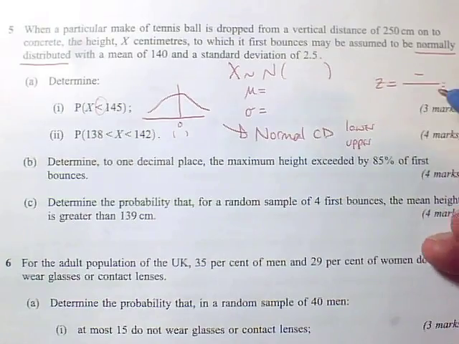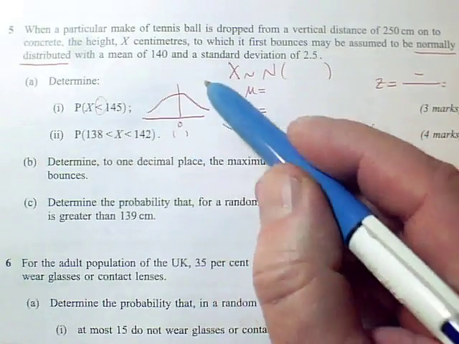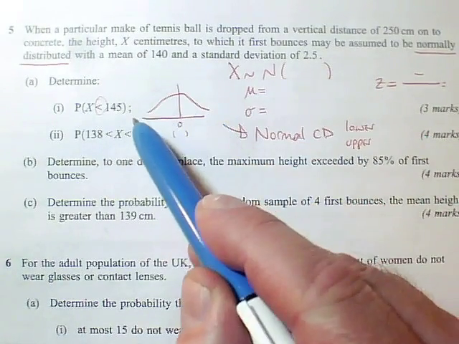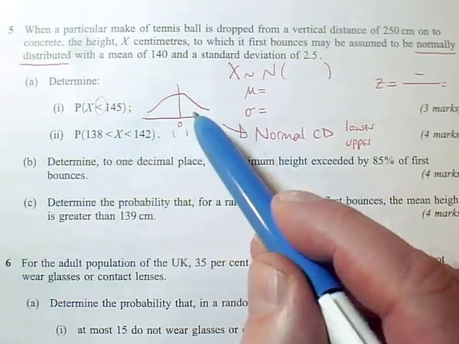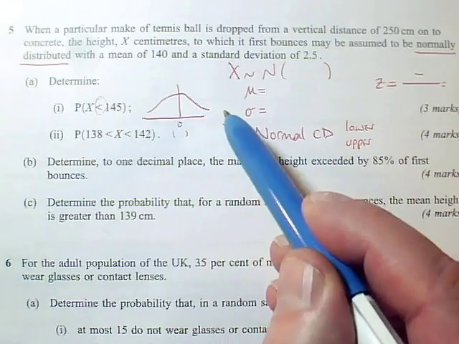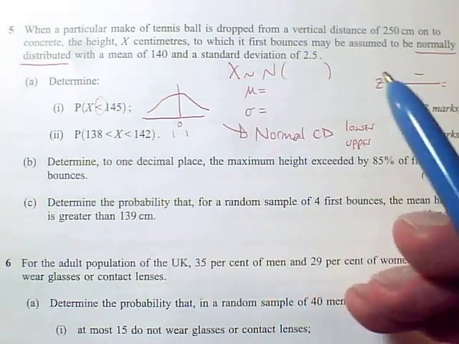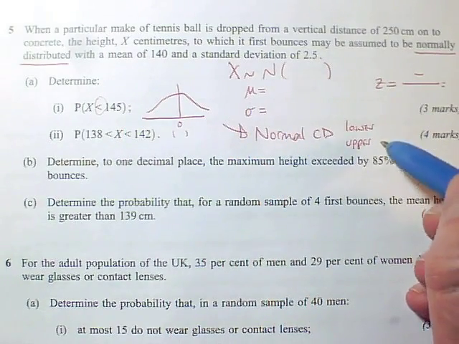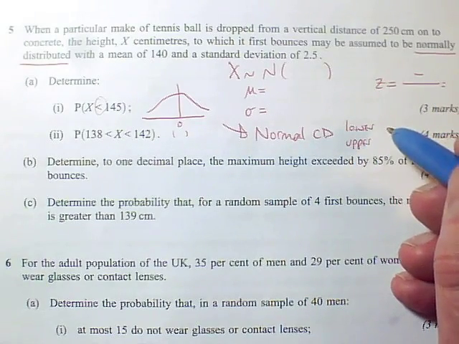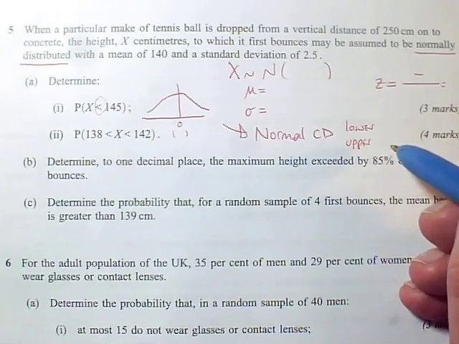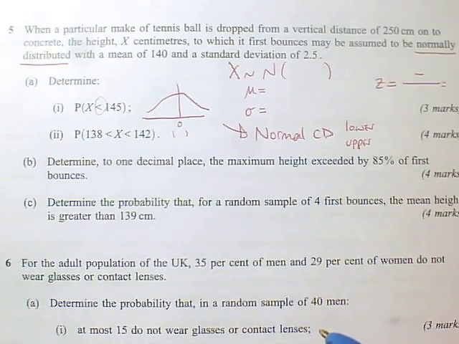Okay, when you've only got one Z value, you have to use your diagram to decide whether you're working from a lower limit of minus 9999 or you're working up to an upper limit of plus 99999. So one of your lower or uppers is going to be the Z you calculated, the other might be the lower of minus 9999 or the upper of plus 99999.